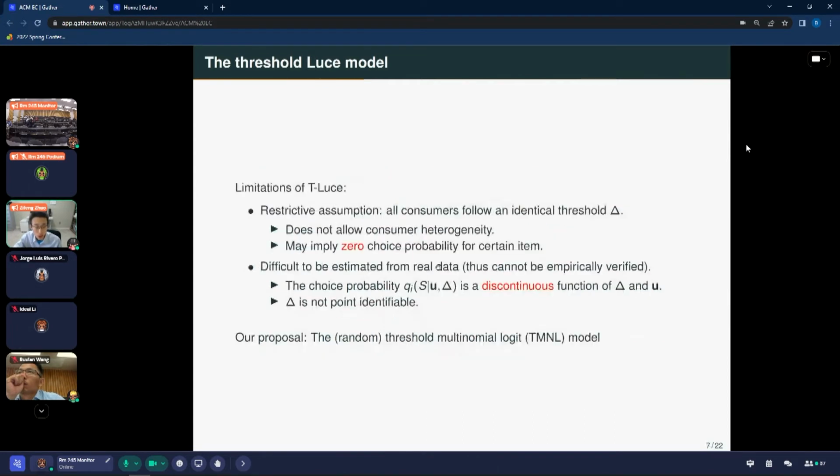So there will be an abrupt change in the choice probability. And if I want to estimate the parameters delta and the utilities, it's going to create a lot of numerical issues, because my likelihood is not even continuous, right?